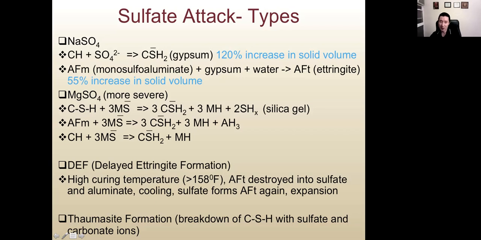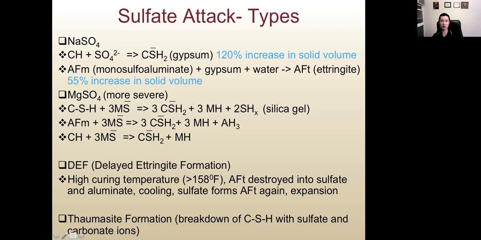And we know CSH is the major strength contributor to concrete. If CSH is degraded, the strength of concrete will be much lower. So if magnesium sulfate is in a system, it will do more damage compared to sodium sulfate alone. Okay, so more severe situation.